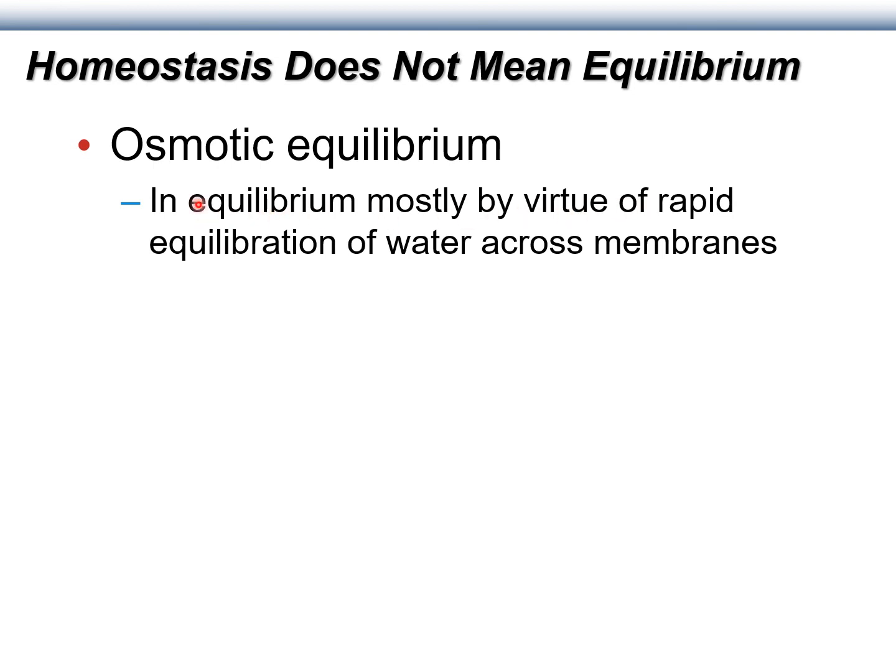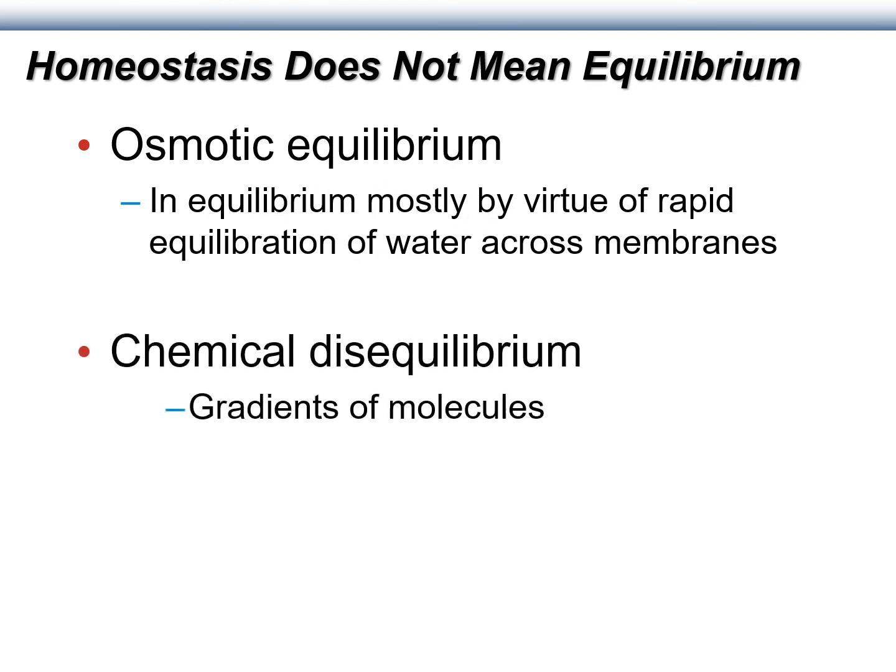Most of the reason why we have osmotic equilibrium is that we have channels in the plasma membrane that allow water to rapidly equilibrate. Those channels are known as aquaporins. If we didn't have aquaporins, we would not see water move very rapidly across a membrane. It's the rapid equilibration, but because we permit water, it's facilitated diffusion. Not everybody will say that, but in our class, we will consider osmosis a form of facilitated diffusion by virtue of the aquaporins.